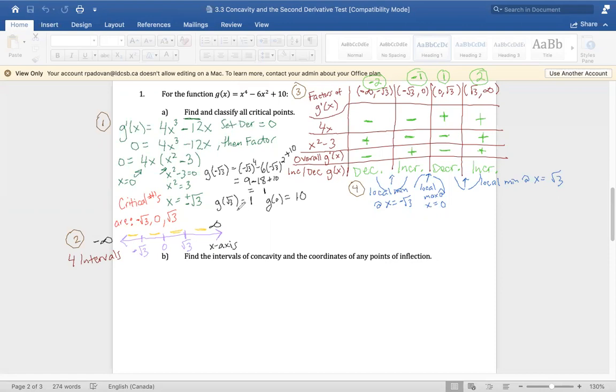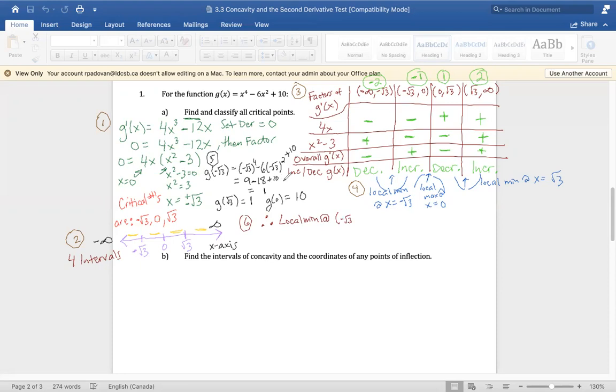So then step 6, therefore, I have a local minimum at, and list the point. The x value is negative square root of 3.